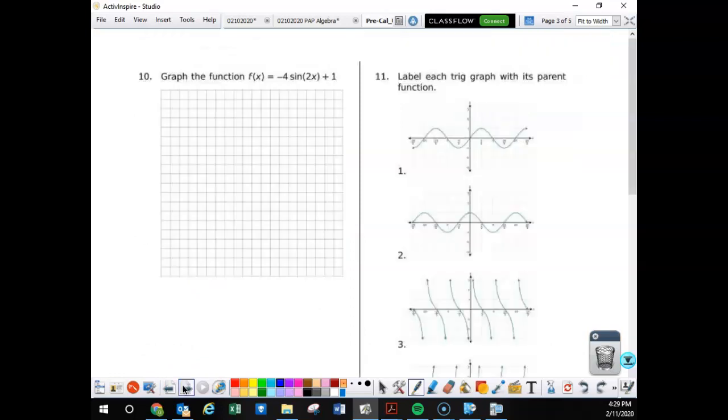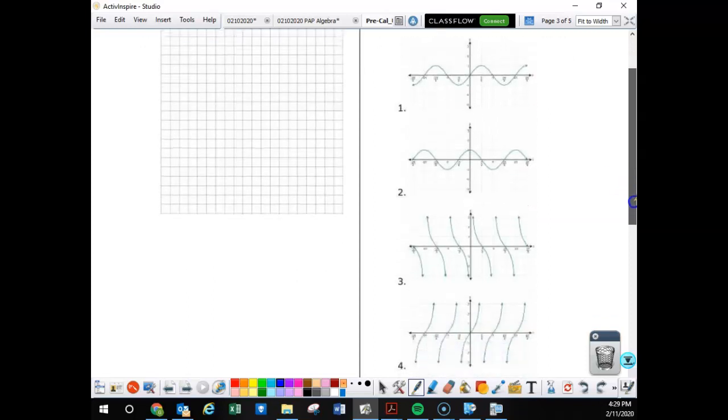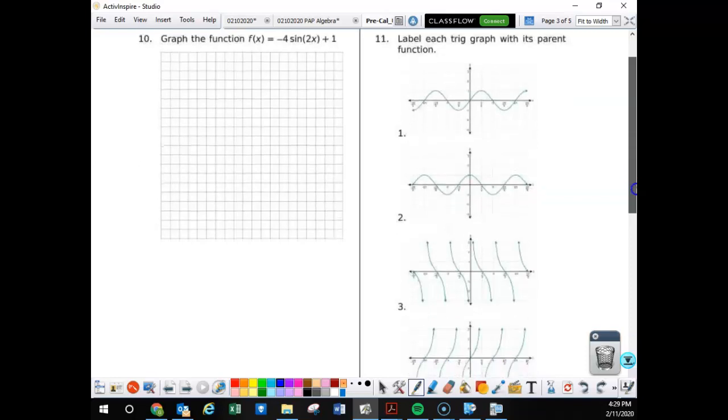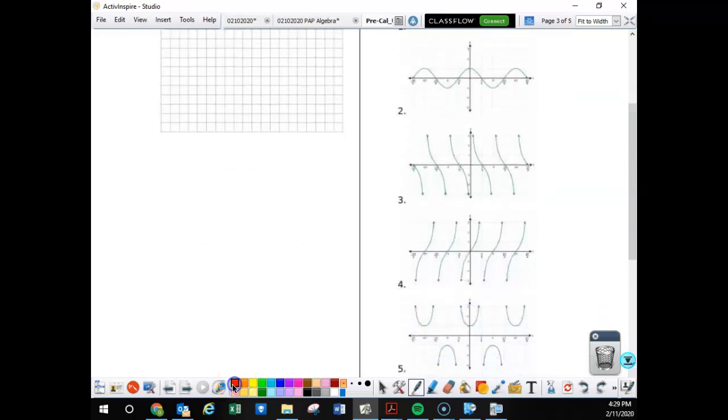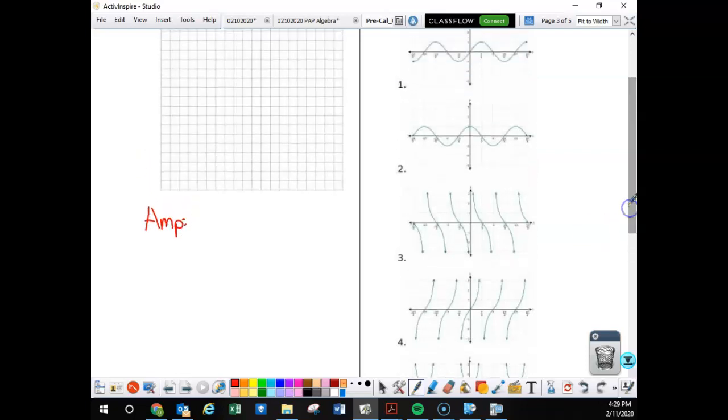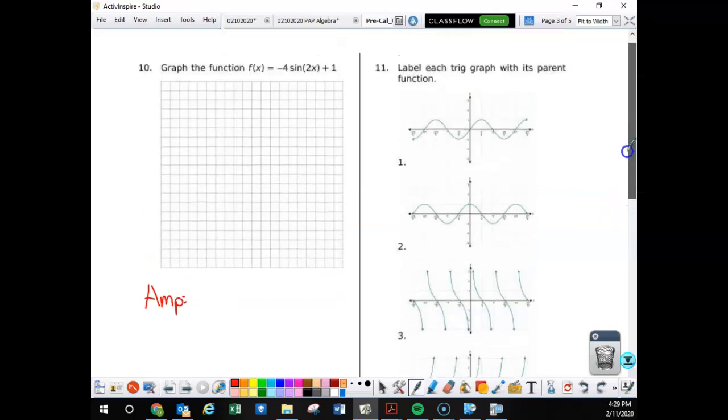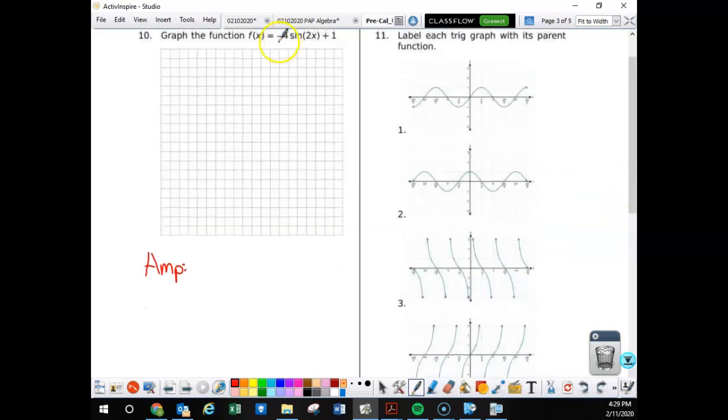Number 10, graph the function f of x equals -4 sine of 2x plus 1. Okay, so the first thing I'm going to do is figure out some of the key features. So like the amplitude. So if you look at the equation, your a value is -4, so that means the amplitude is 4.